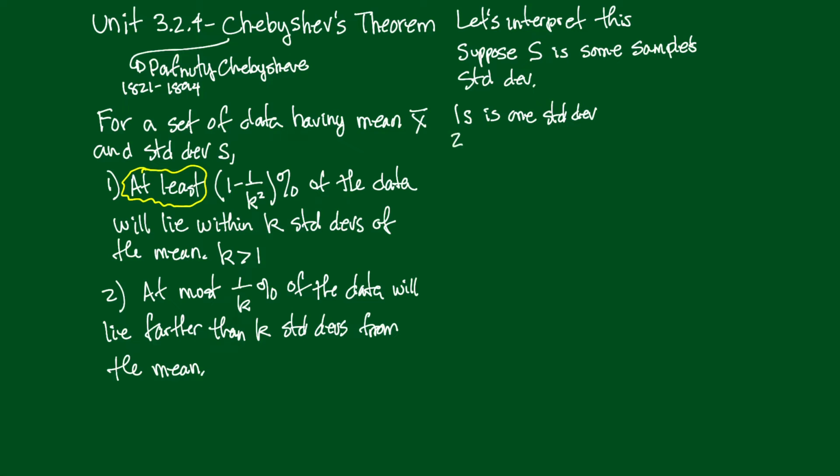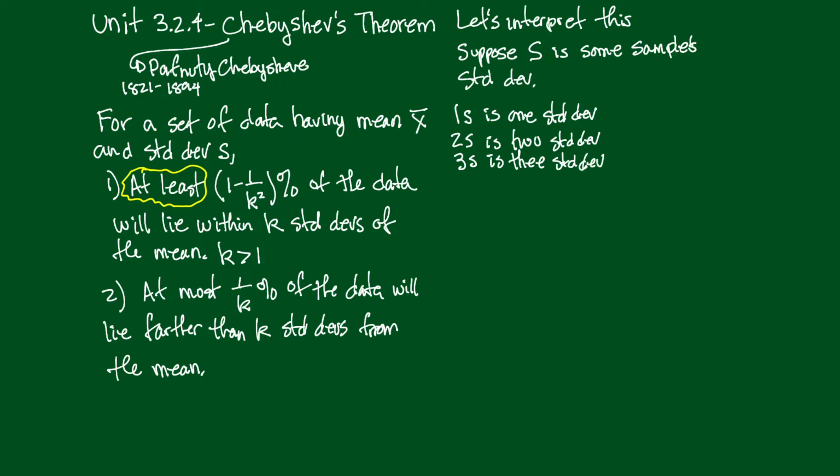If you write 2S, this is 2 standard deviations. If you write 3S, that is 3 standard deviations.